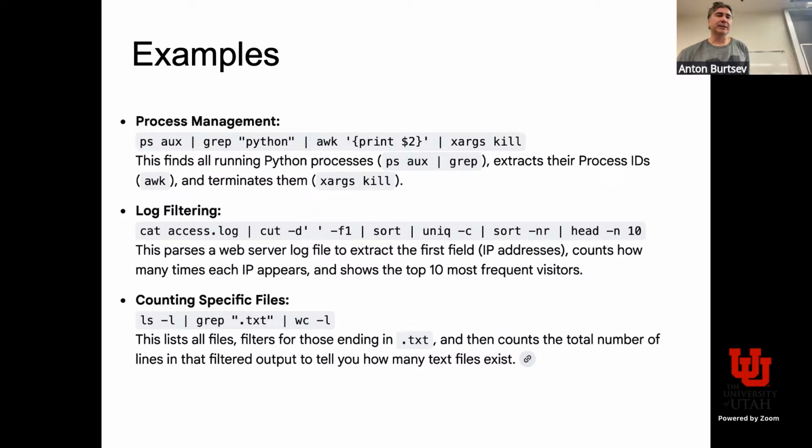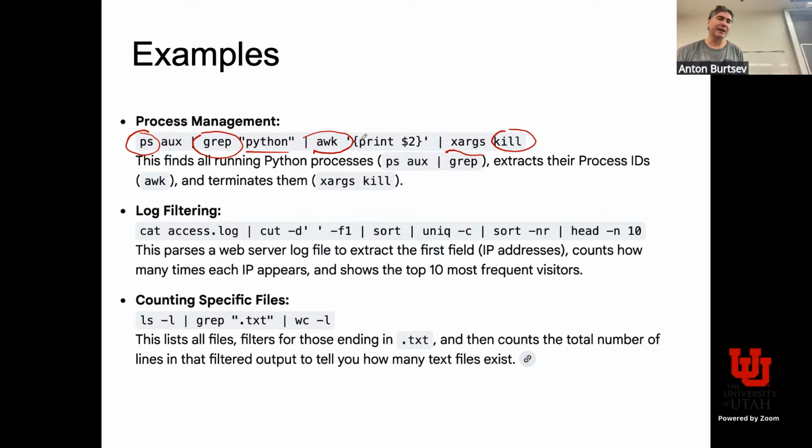So essentially, ps lists all the processes in the system. Grep searches for a line in the output of ps. AWK is a more general interpreter of a language. Xargs just executes this command.